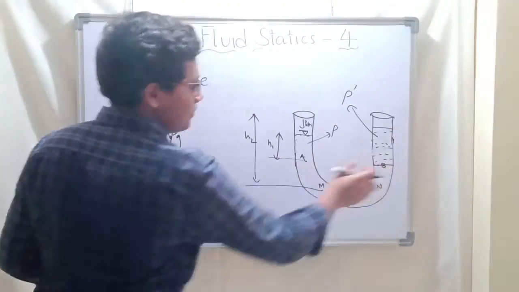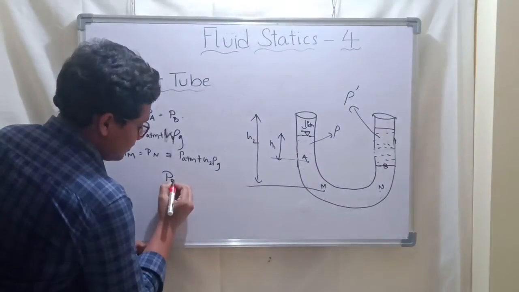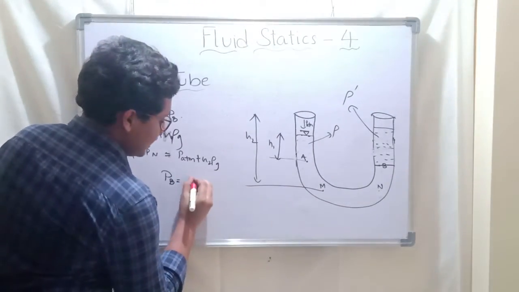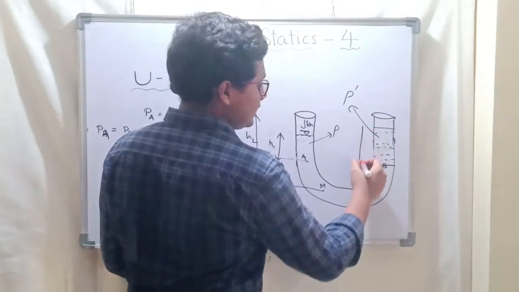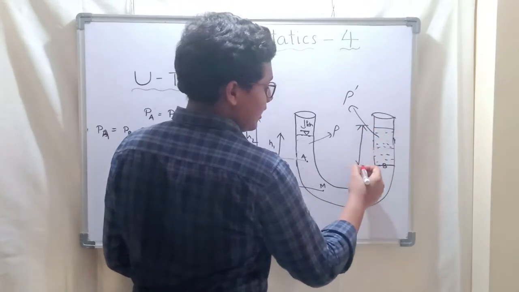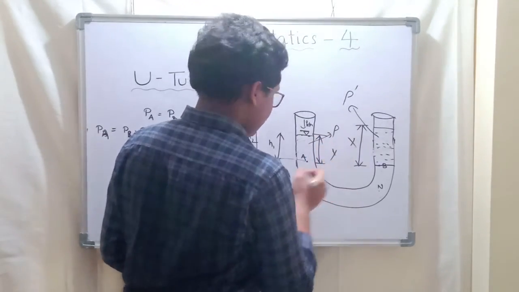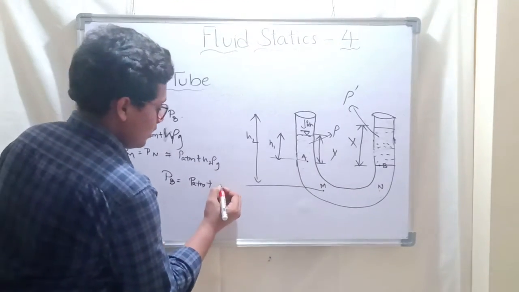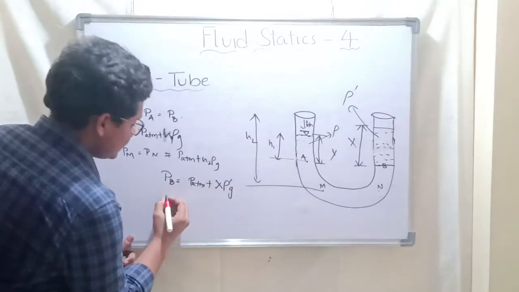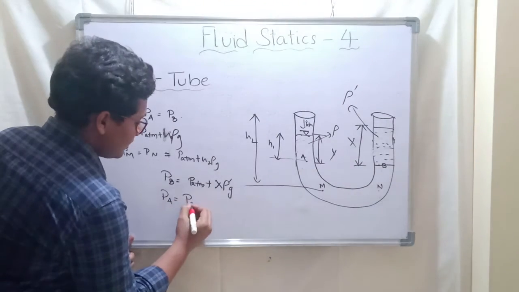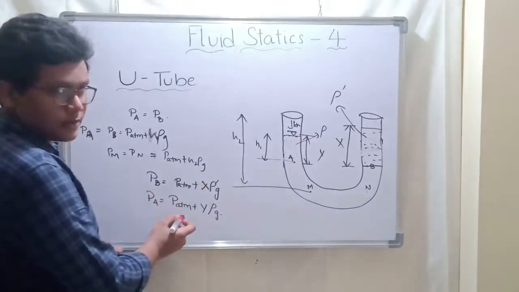Then PA and PB will also be equal. So now PB is equal to PATM plus, this is a height, we will take this height X, okay, and this height Y. So PB is equal to PATM plus X rho dash G, and PA is equal to PATM plus Y rho G. So PA is equal to PB here also.